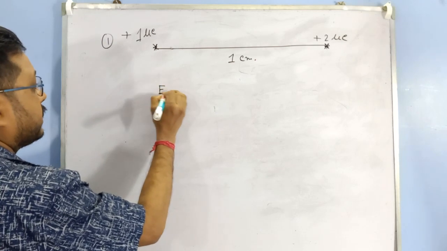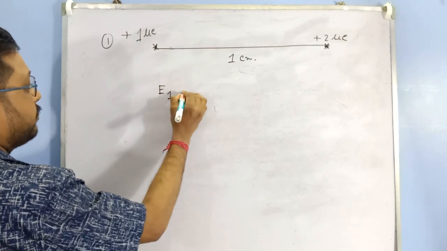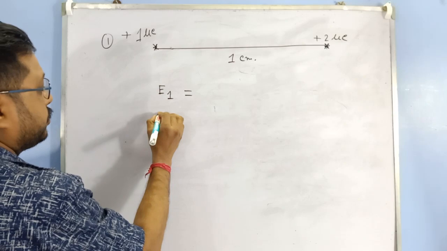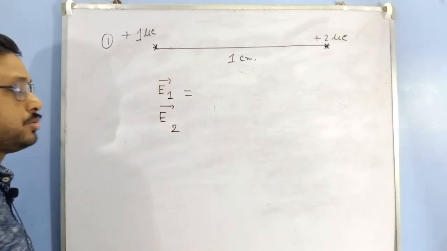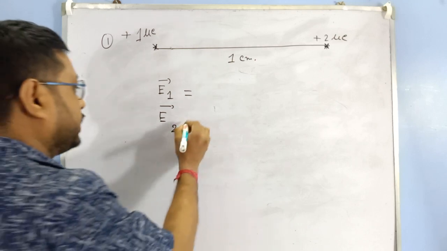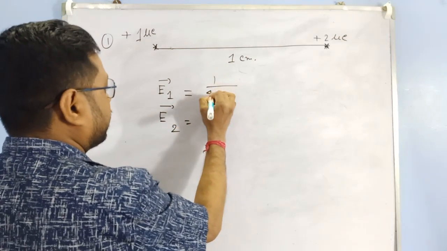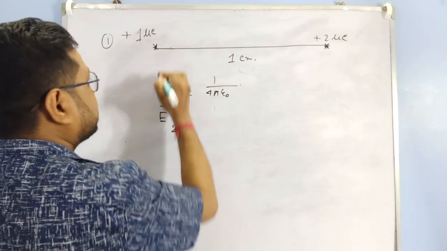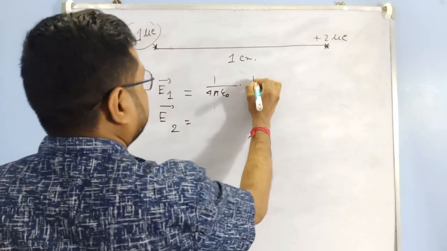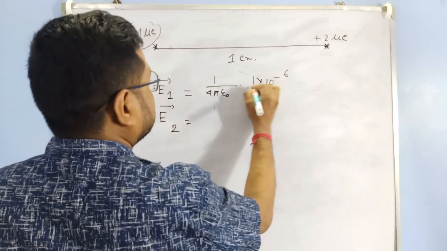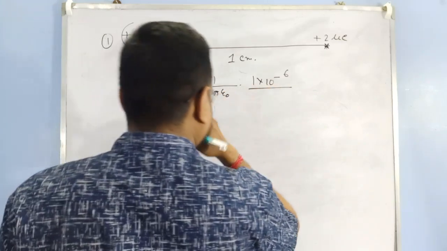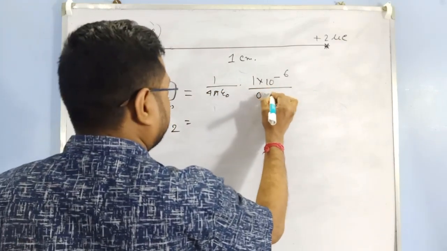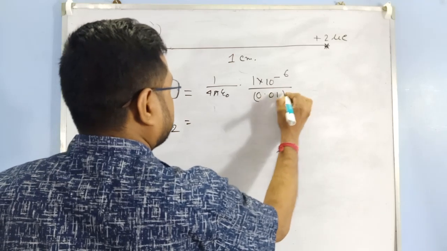We can write that the electric field produced by 1 microcoulomb is E1 and the electric field produced by plus 2 microcoulomb is E2. So E1 is 1 by 4 pi epsilon naught, as the source charge is plus 1, that is 1 into 10 to the power minus 6 divided by r square, that is 1 centimeter. In SI unit, we can write it as 0.01 meter square.